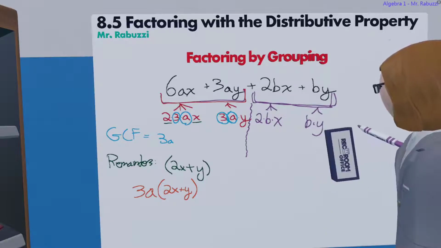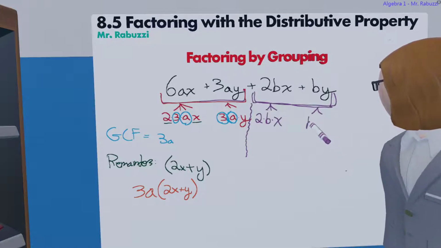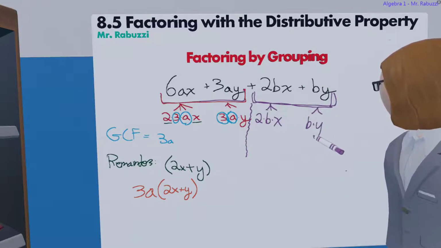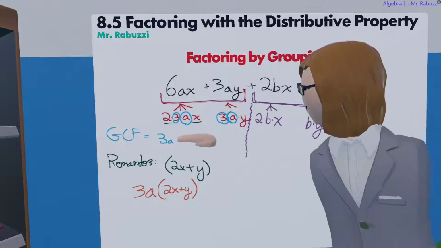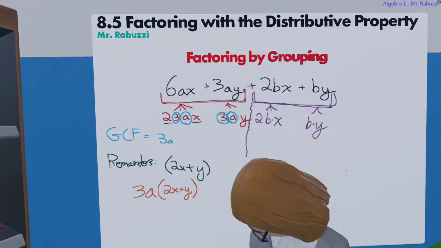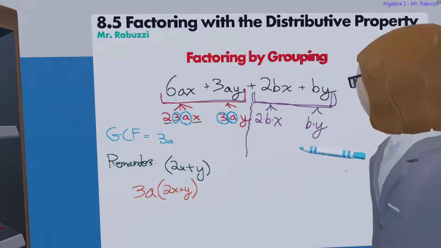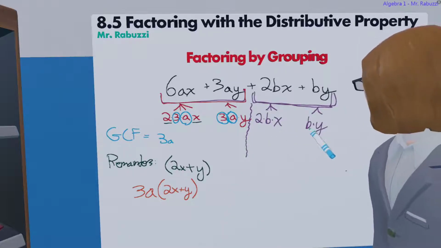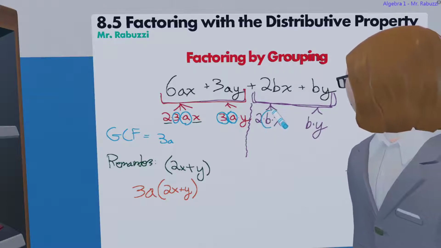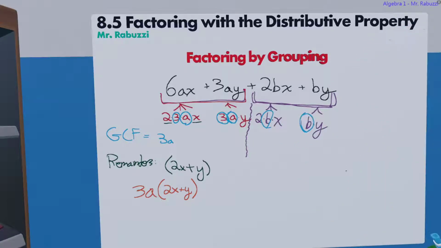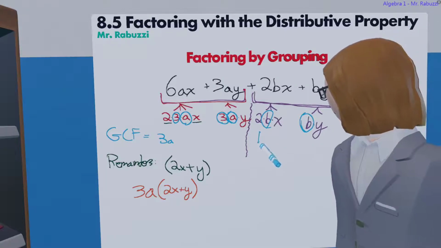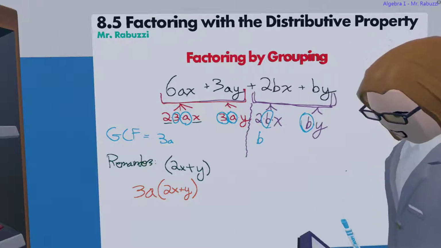Not too bad. All right. Next step, GCF. They share a b and nothing else. So our GCF is only b on this side.